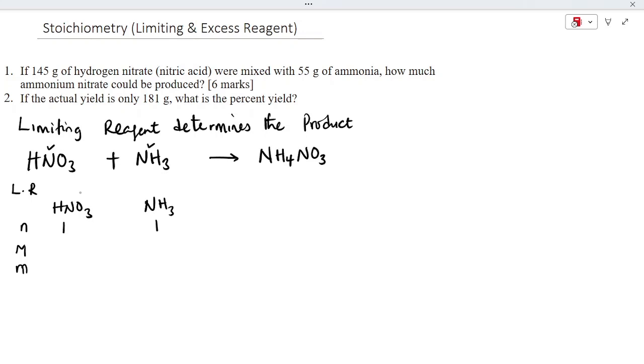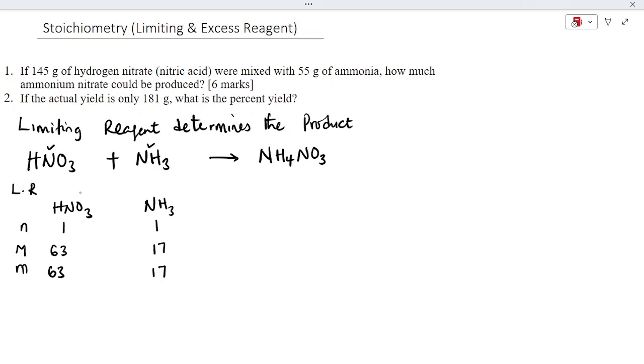When you add it all together, you should have 63 for nitric acid. And then ammonia is 14 plus 1 times 3 for hydrogen, and you get 17. So from our chemical equation, 63 grams requires 17 grams.